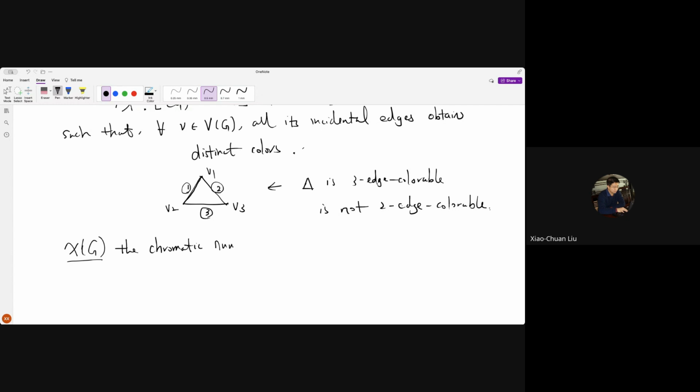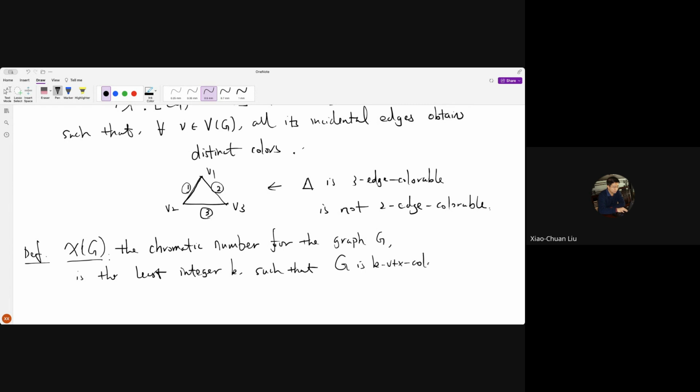It is the smallest integer k such that G is k-vertex colorable.